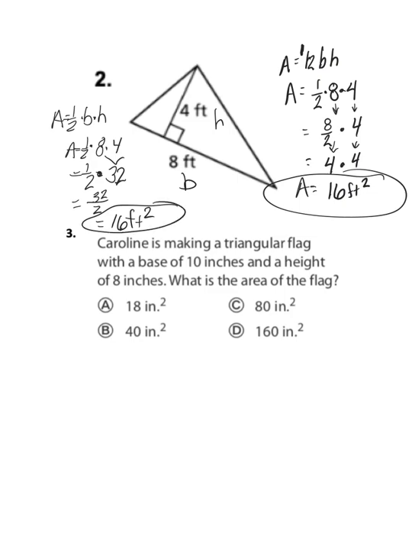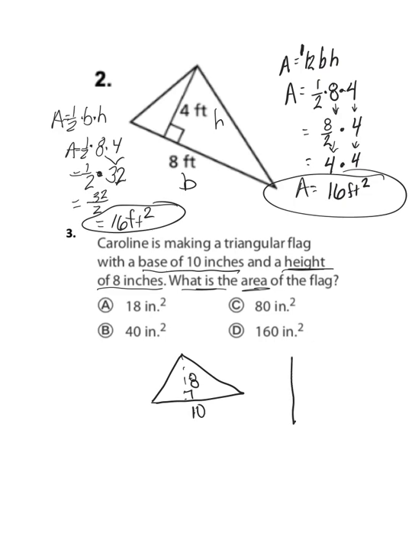This next one: Caroline is making a triangular flag with the base of 10 inches and the height of 8 inches. What is the area? Well, you can draw a picture if you'd like. If it helps you to draw a picture and write it in, your height's 8, your base is 10.